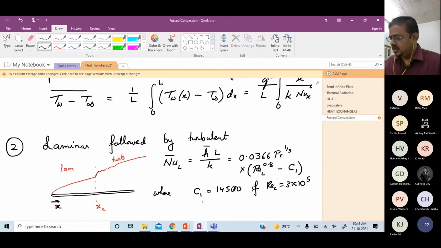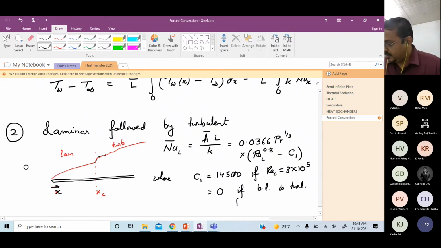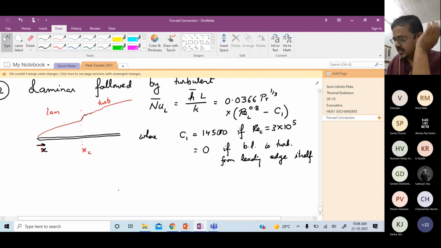Okay. So if we artificially induce turbulence earlier, then this can be any other value and maybe even equal to 0 if the boundary layer is turbulent from the leading edge itself. So again, how do we do that?